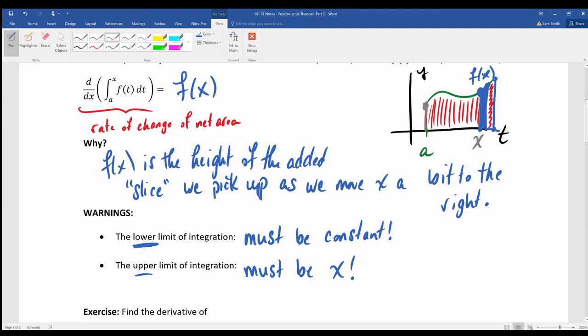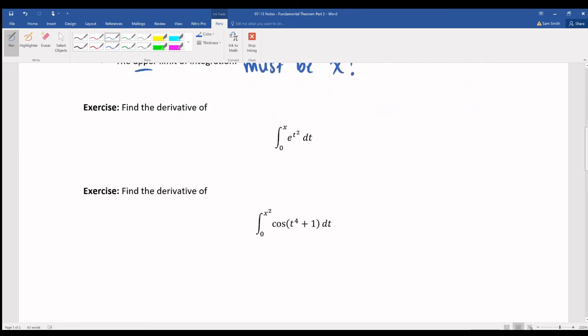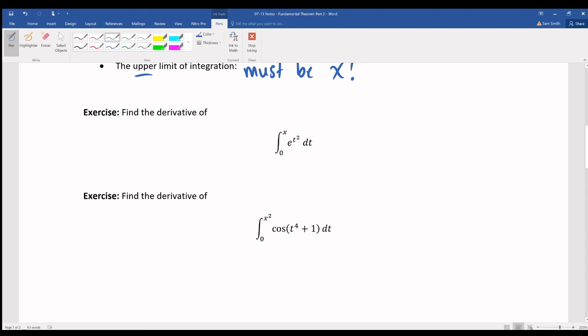Now, let's consider the following concrete example. Here, this exercise: find the derivative of the net area under the graph of e to the t squared, left limit 0, upper limit x. So let's find the derivative with respect to x of this area with a sliding right-hand limit.